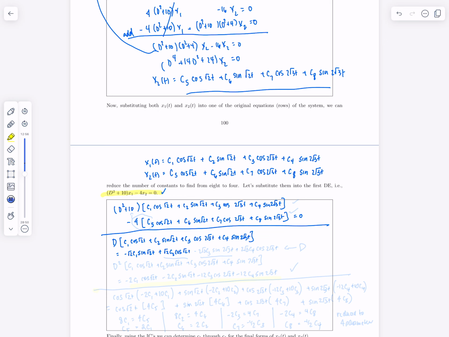Derivative of cosine 2 on the square root of 3t. Well, that's going to give us minus 2 on the square root of 3 c3 sine 2 on the square root of 3t. And then the last one, we're just going to get what? We're just going to get 2 on the square root of 3 times c4 times the cosine of 2 on the square root of 3t.